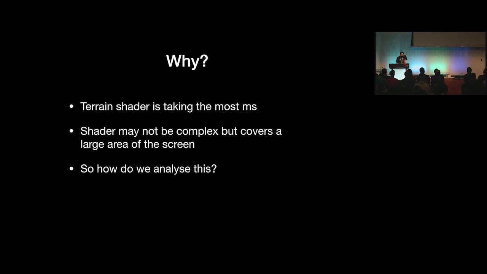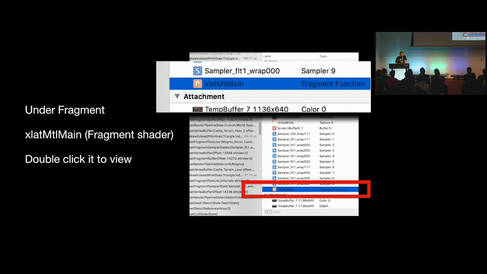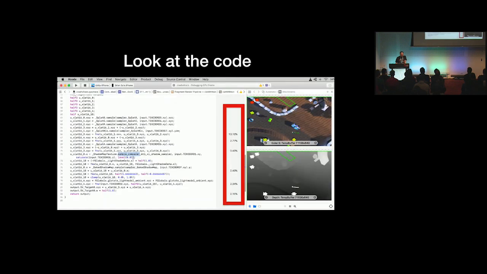So how do we analyze this? Let's go back to the resources section and look at the fragment shader. Inside your resources, under fragment resources, there's always something called XLATMTL main. That's your fragment shader, and if you double click it, it will open up the actual code.